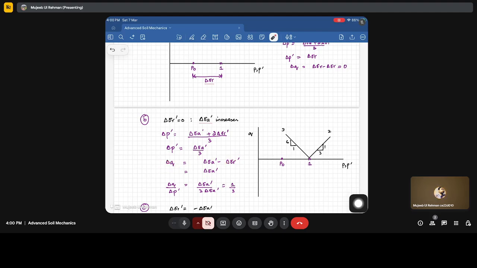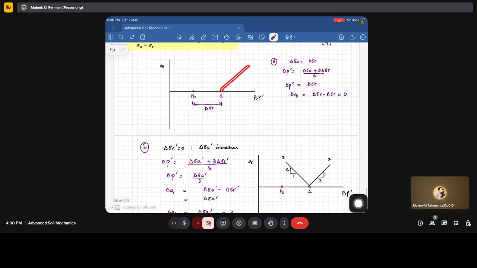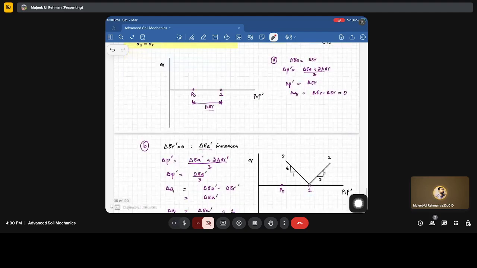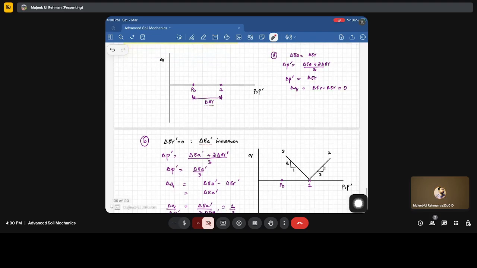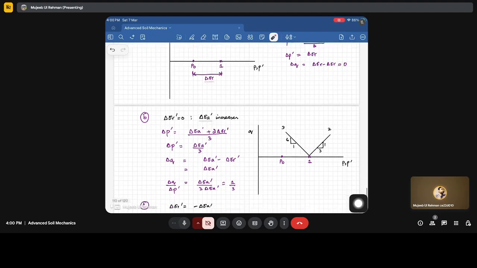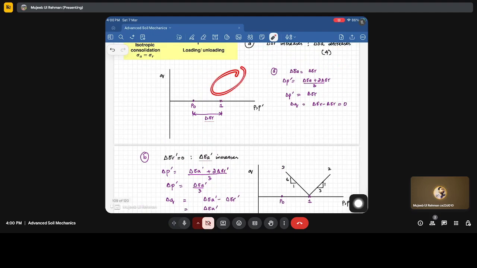So now how will this point move from point 1? From here, whether it goes to here or here, we will see. There is no change in the radial stress, correct? So it means that delta P is positive, and delta Q is also positive. Both are increasing, both are positive. It means that it should lie in the first quadrant only. Fine.